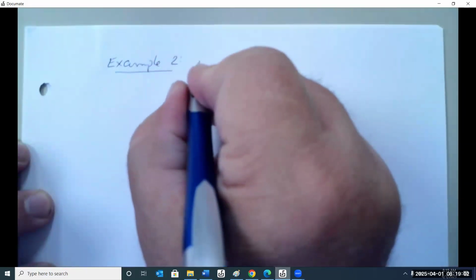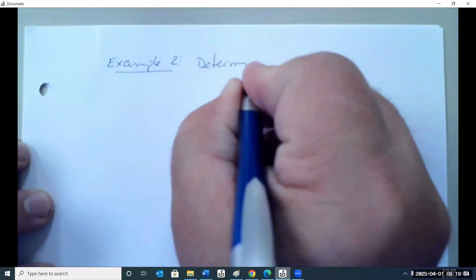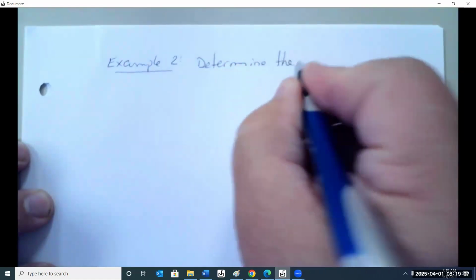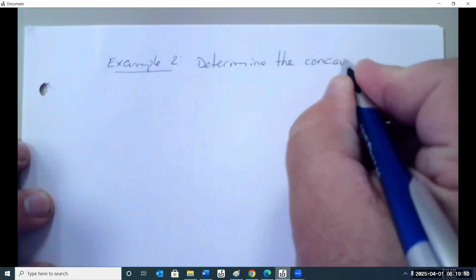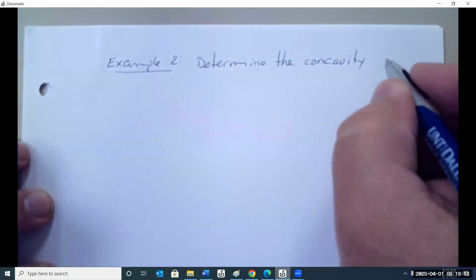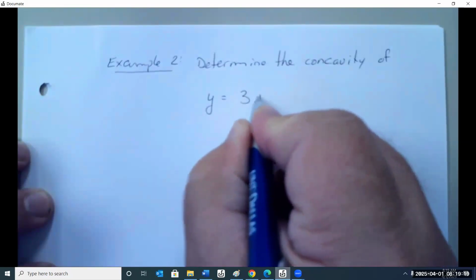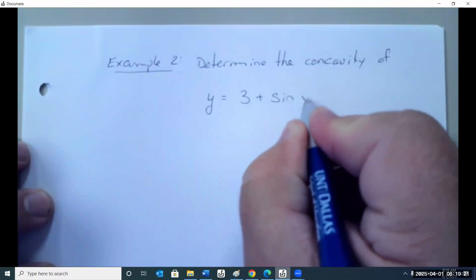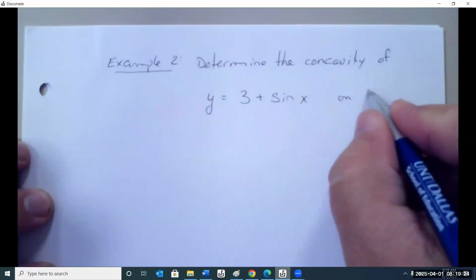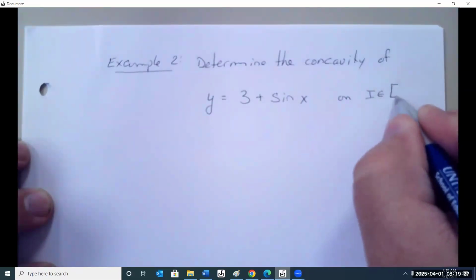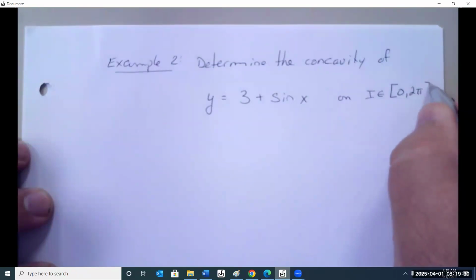All right, here's another example. Determine the concavity of this function on the interval 0 to 2 pi.